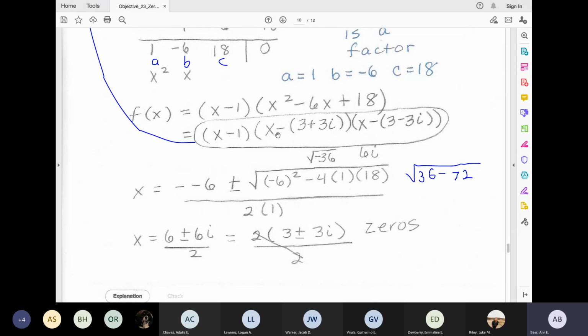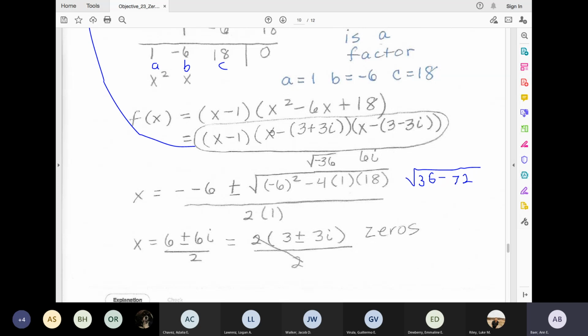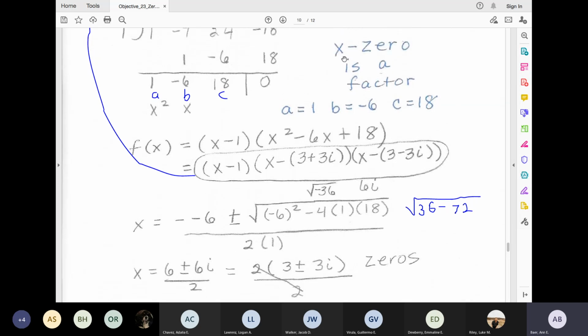This is what the factor theorem tells us: x minus a 0 is a factor. So we show this x minus like that, and then we just put parentheses around the 0. So you have 2 sets of parentheses when you're talking about 2 terms in your zeros. You've got the outside set for the factors, the inside set for the 0.